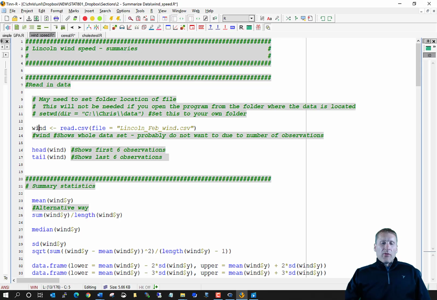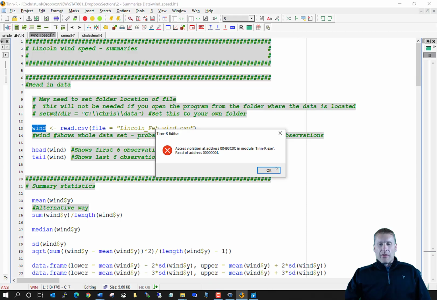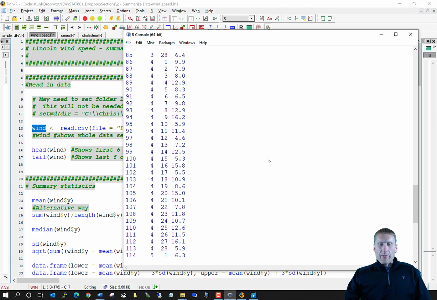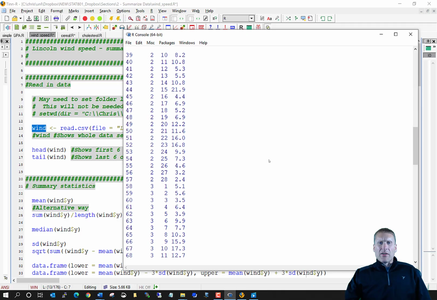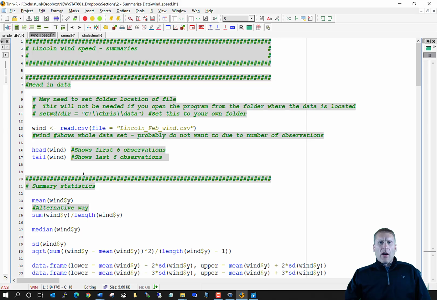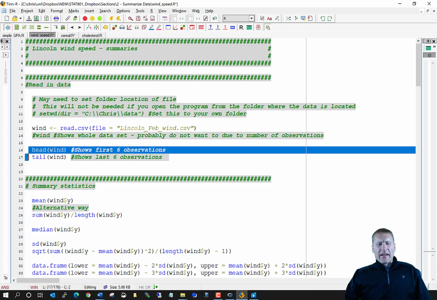And if we wanted to take a look at the data to make sure that indeed it did work, here's all my data. That's a lot of data to look at. So especially as you get larger data sets, if you want to check to make sure you read in the data correctly into R, it's often better to use a function like head.